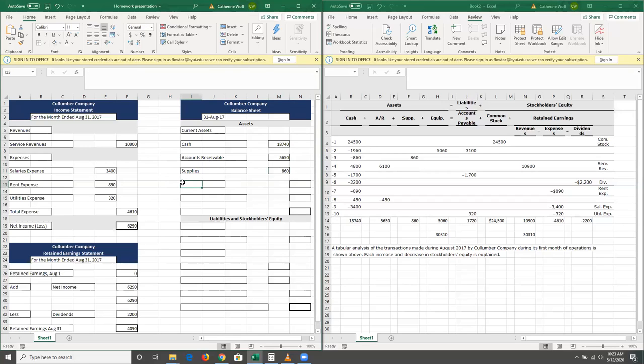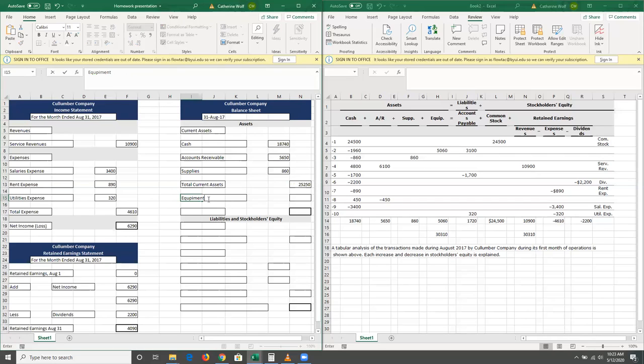All right, and then our total current assets. Our total current assets are going to be $25,250. That's adding all those three together. All right, next we're going to do our equipment.